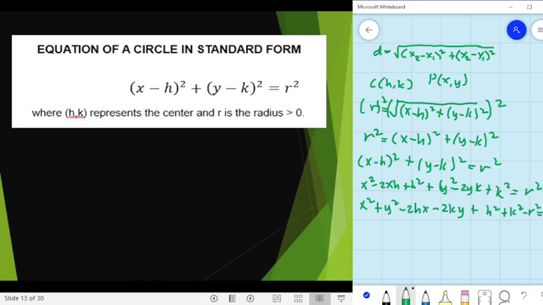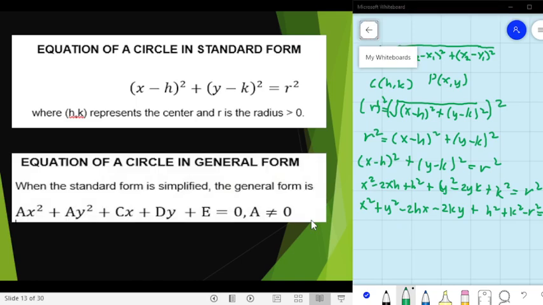So, this will be the simplified standard form and mahimo na siya nga general equation of the circle, which can be summarized to Ax squared plus Ay squared plus Cx plus Dy plus E equals 0, wherein A must not be equal to 0.